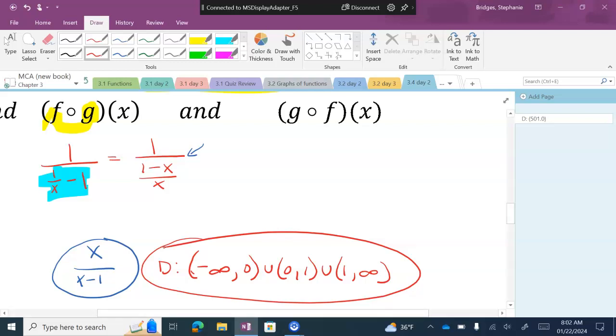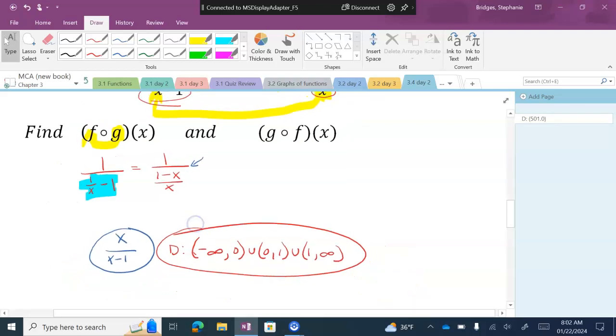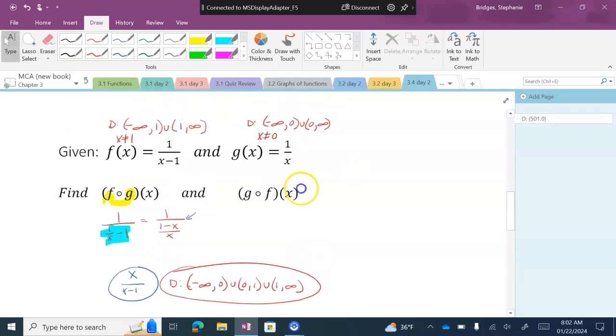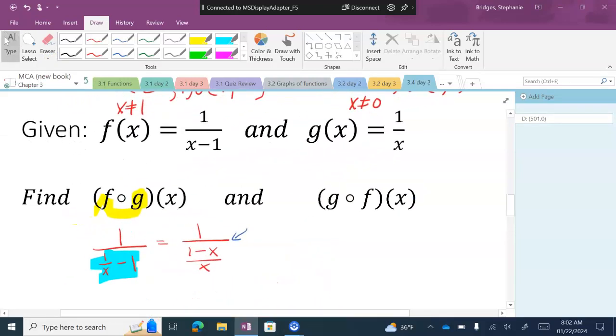Okay. All right, we ready to go the other direction? Yeah. You just gotta take it one little step at a time. All right, so we're gonna do this. We are going to erase my stuff. Go back to my two original functions, but for my second composite, I'm taking f and putting it in place of g, correct?